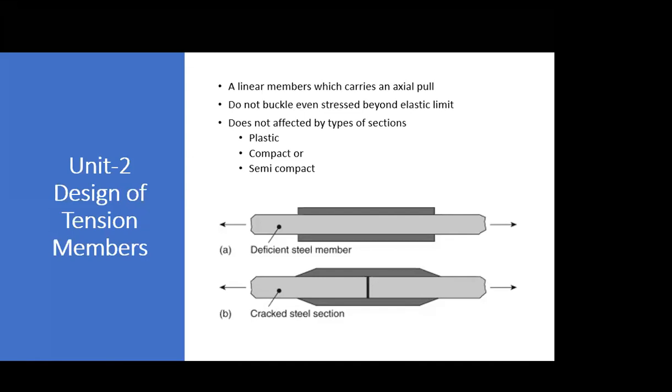These sections are applicable for cold form steel sections. Here we are not going to consider them, because cold form steel is nothing but where the thickness of the material is less than 2 mm, 3 mm. The thickness of the steel less than 3 mm is called a cold form steel structure.